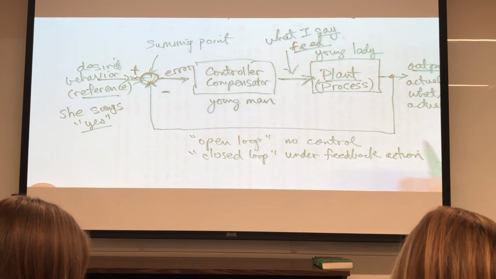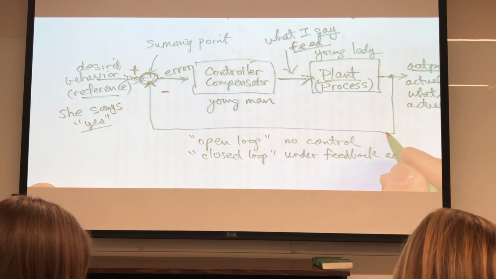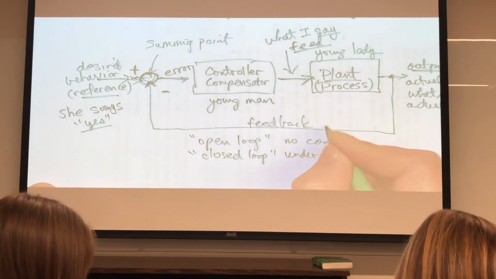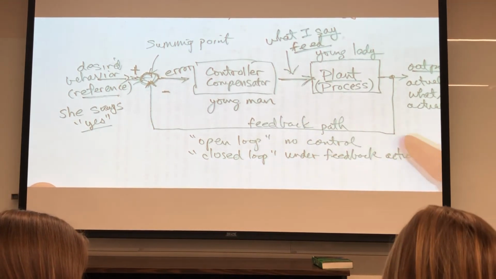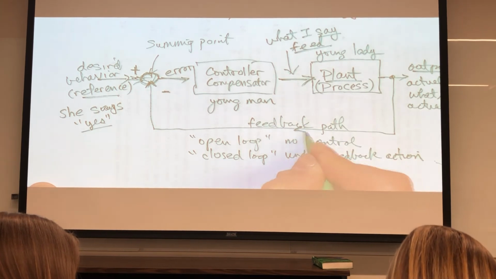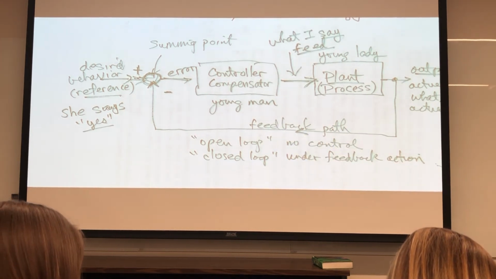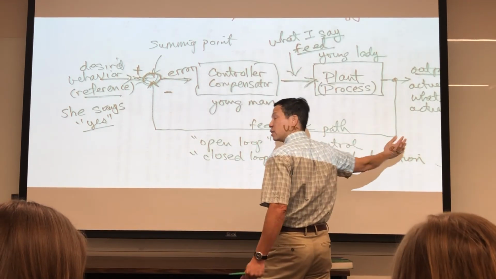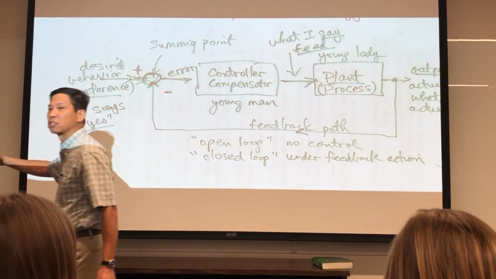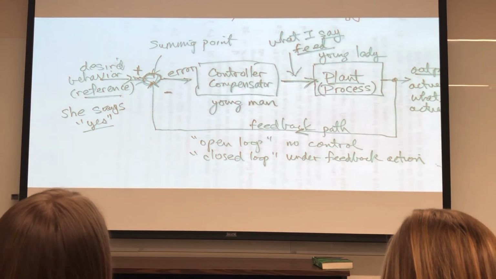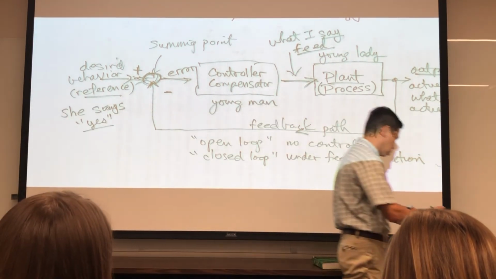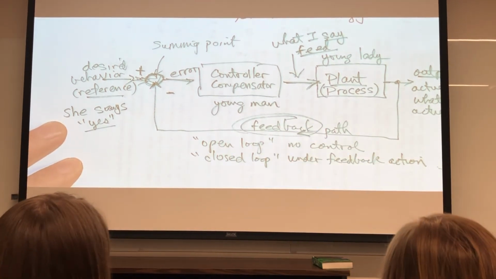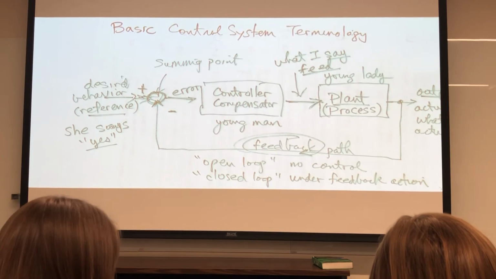The word feedback comes from the idea that we're feeding back. This is the feedback path. The signal is feeding backwards. In Western culture we usually think of reading from left to right, so this is forward and this is backward. So this is a feedback system. A control system employs feedback. So one of the things that we're going to hopefully learn from this course is that feedback changes behavior.